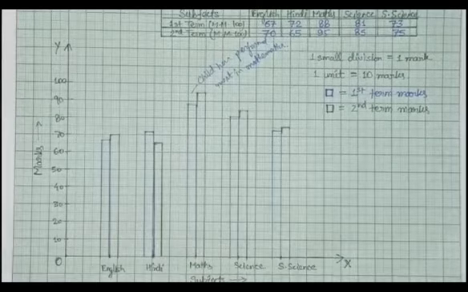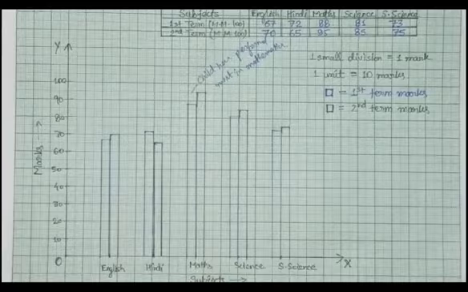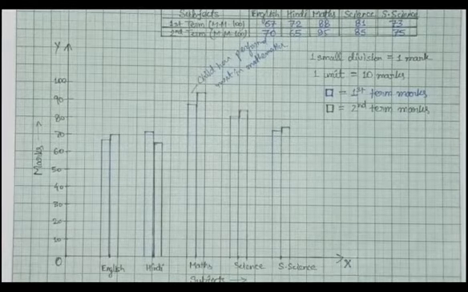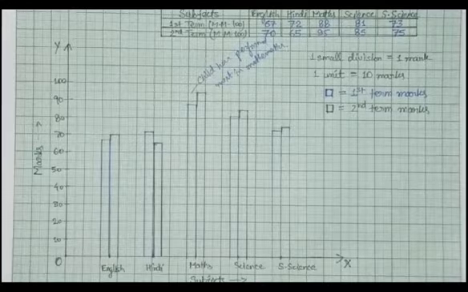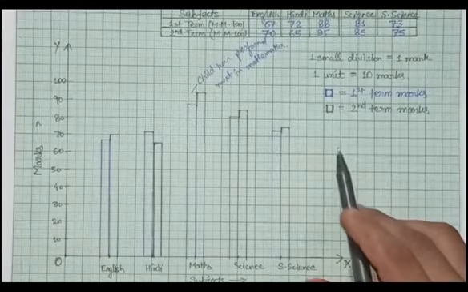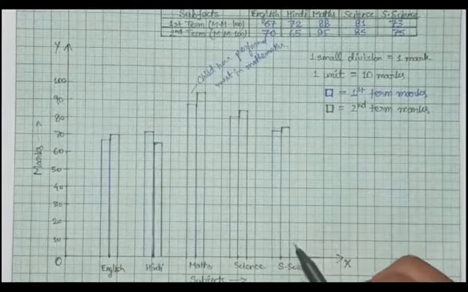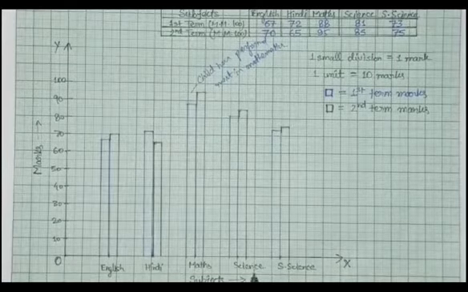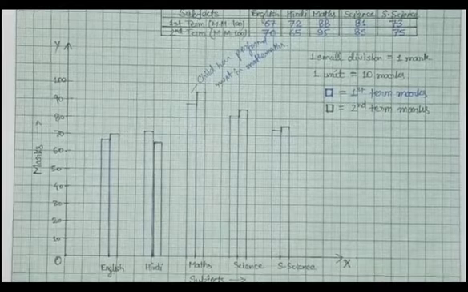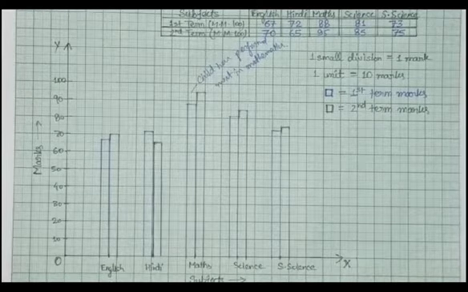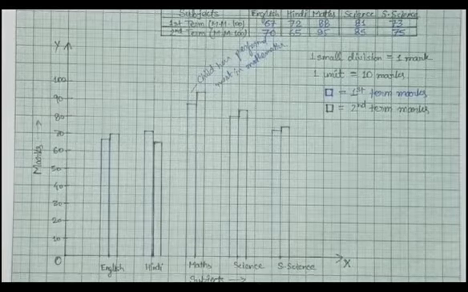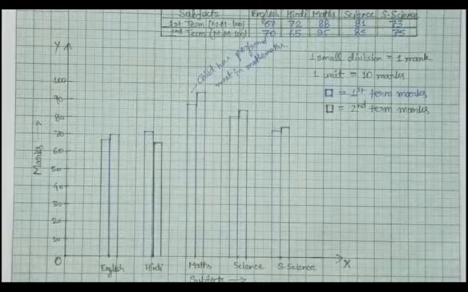Now in second part, we have to find in which subject the improvement is least. Again, we observe only those subjects in which the height of the black one is greater than the blue one. So we have to observe the subject English, maths, science and social science. And out of these four subjects, we have to find in which subject the difference in height of the two bar is minimum.